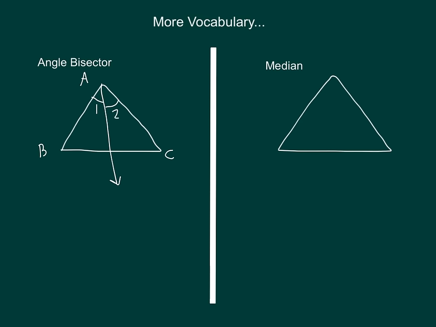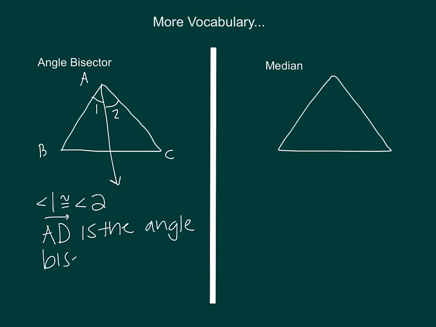So angle 1 is congruent to angle 2. That tells me that AD, ray AD, is the angle bisector. Okay, so the angle bisector is going to come from the vertex of one of the angles, and it's going to cut that angle exactly in half. Okay, we know what that word means.